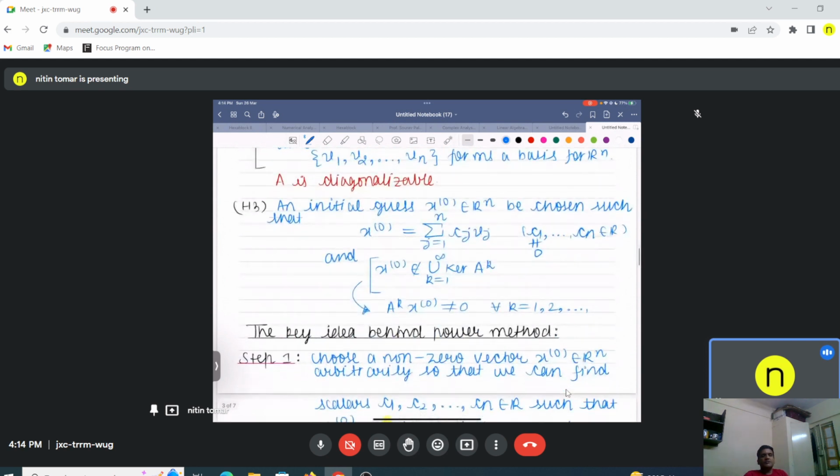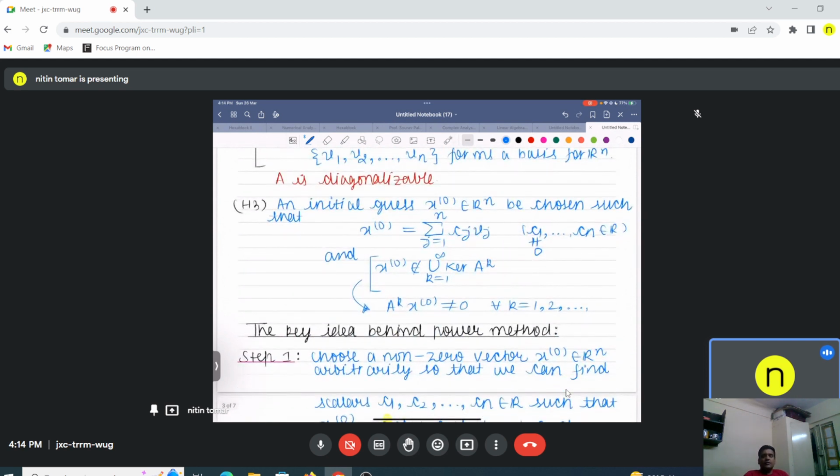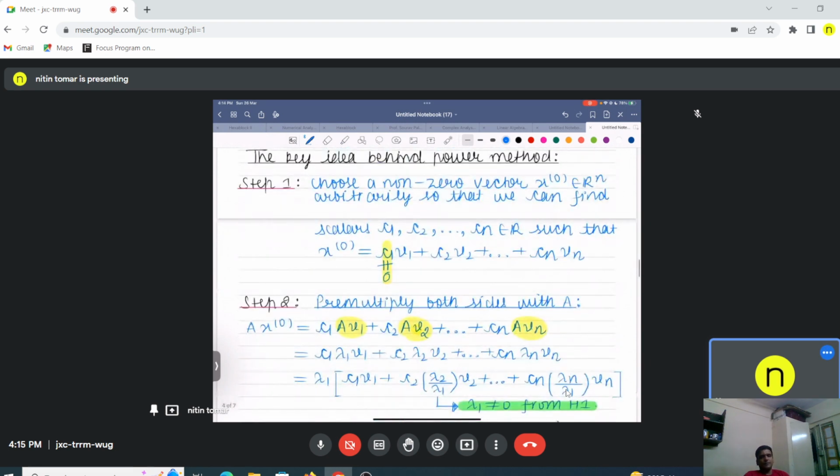And the third assumption is that your initial guess should not be in any kernel of A power k. If it is, then we will have some problem, and we'll see where these 3 assumptions are used in the key idea. Now, with these 3 assumptions in mind, we move to the key idea behind the power method.